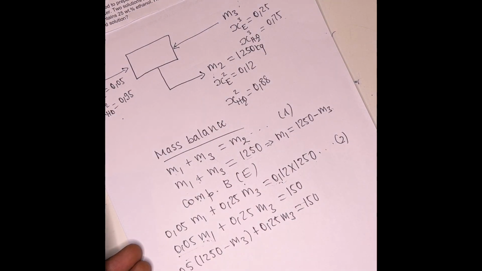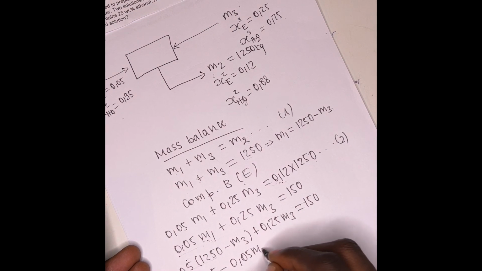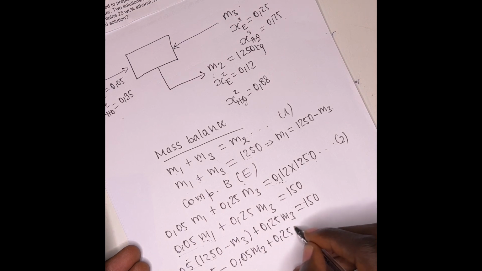So now from here we take 0.05 times 1250, and if you multiply these two, we just have 62.5. If you take this other term, the number is going to repeat the same, 0.05 M3, and then you're going to have plus 0.25 M3.